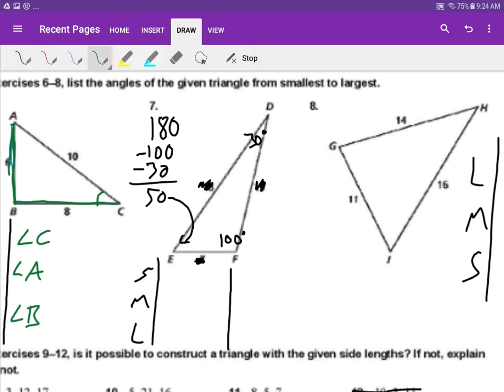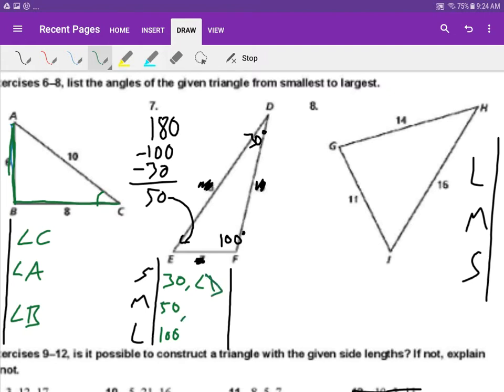But then it's exactly like what we've been doing. So it's 30, 50, 100. The 30 was what letter? Oh, I'm sorry. It's D. No, you're right.